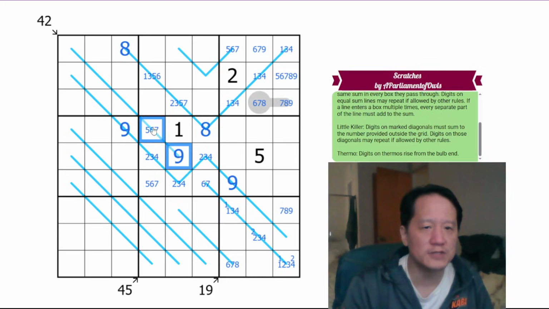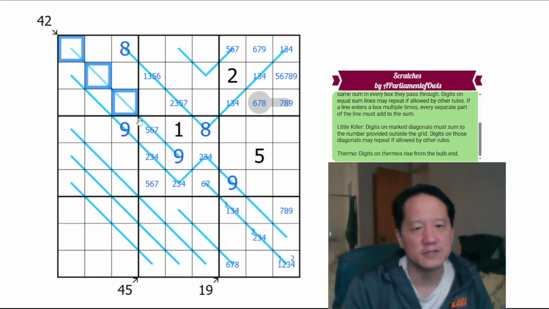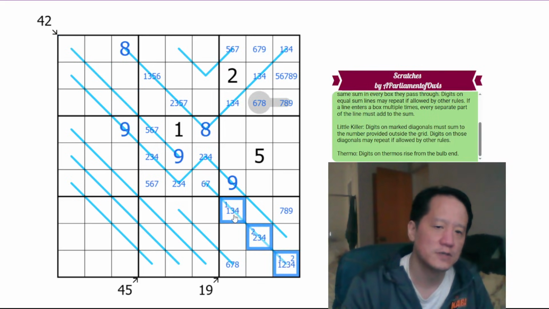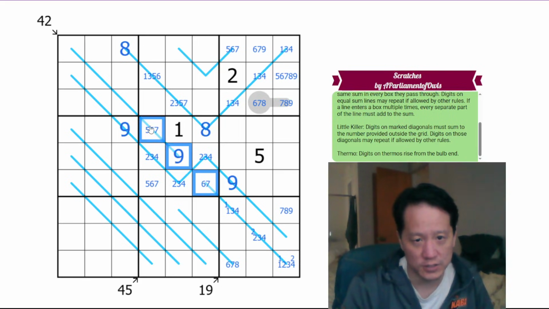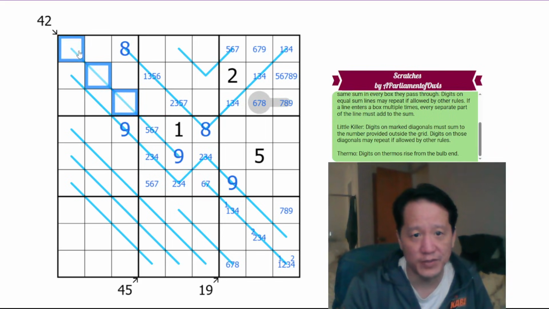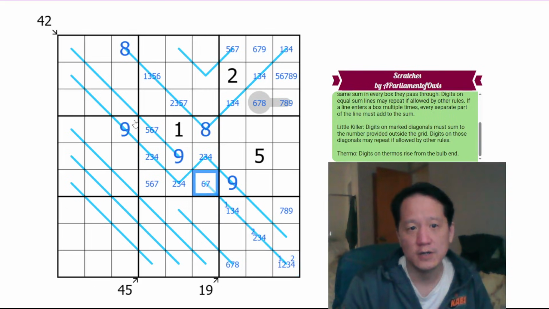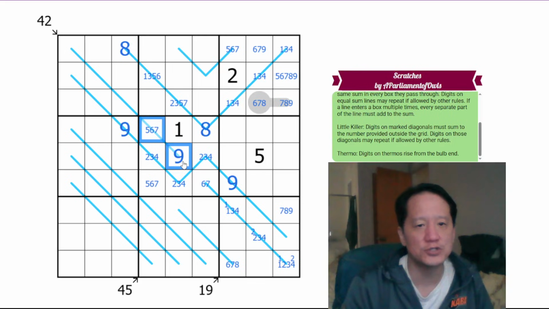Well, we know these sum up to the same sum as these, and this sums up to the same sum as this. So that means if you sum up these three digits, that equals the same as summing up this and this, right? These three match this cell, and these three match these two cells.